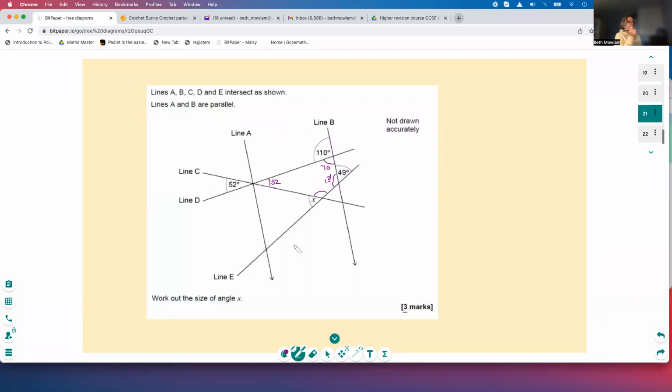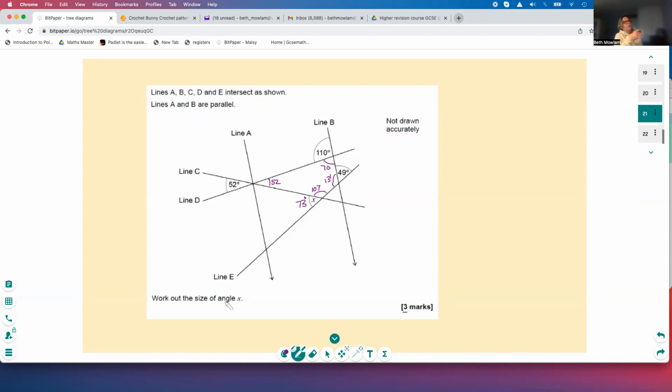Just think about a square. So what I can do is 360, take away 131, take away 70, take away 52, and that gives me 107 there. Then I've got another straight line. 180 minus 107 is 73 degrees.